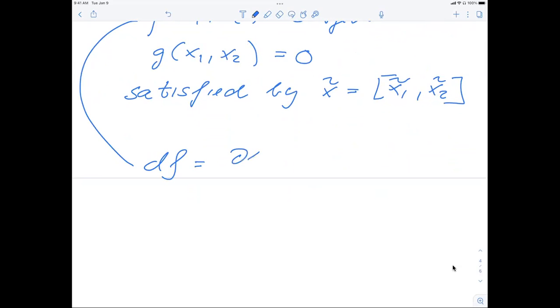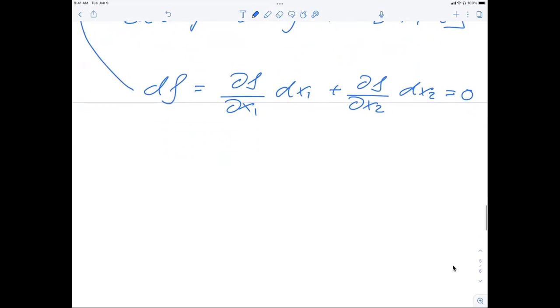So when we look at the partial derivatives, this will be a partial derivative of f with respect to x1, dx1, plus a partial derivative of f with respect to x2, dx2, equal to 0. So dx1 and dx2 are variations, and these are variations or points that are on the constraint. So let's take a look at that.